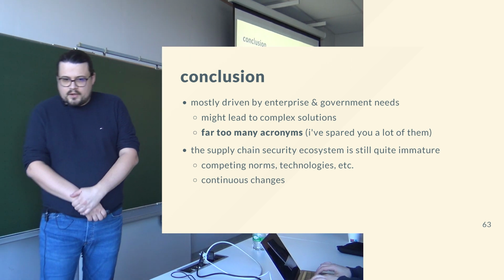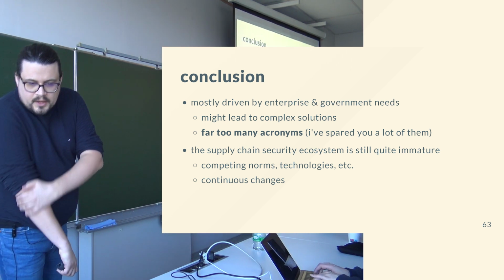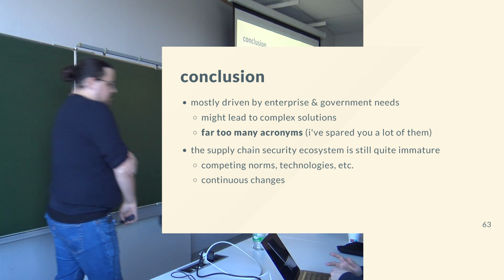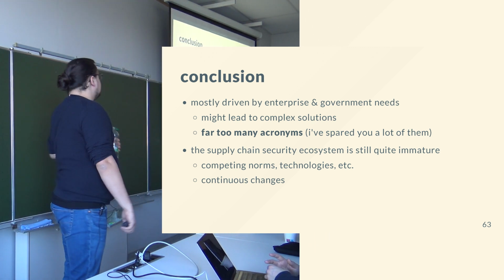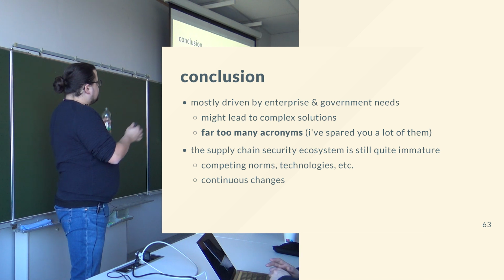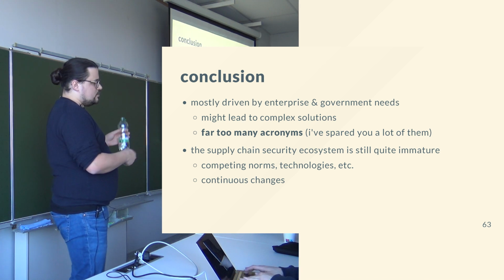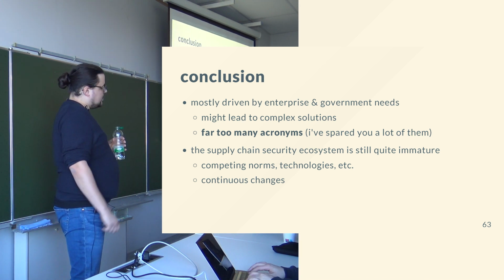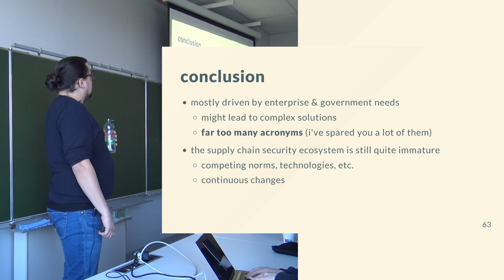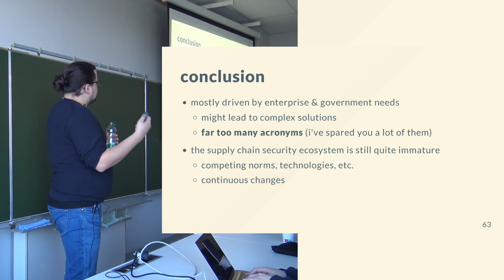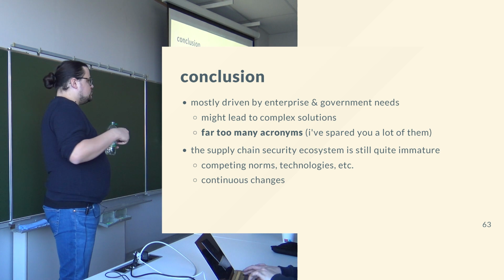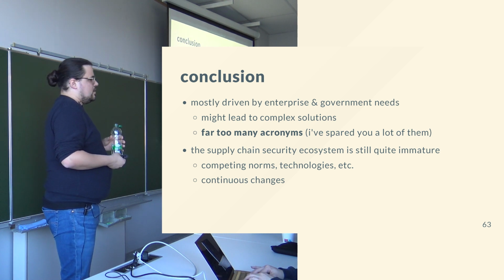So I will now conclude. All these supply chain security efforts are mostly driven by enterprise and government needs, especially the US government after the SolarWinds issue. So one of the consequences is that it tends to lead to quite complex solutions.